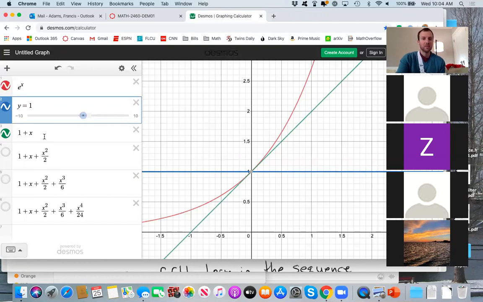If you dust off your Calc 1 skills and you find the equation of the tangent line of e to the x at x equals 0, it is x plus 1. Sorry, the slope of e to the x at 0 is 1, and the equation of the tangent line is x plus 1.